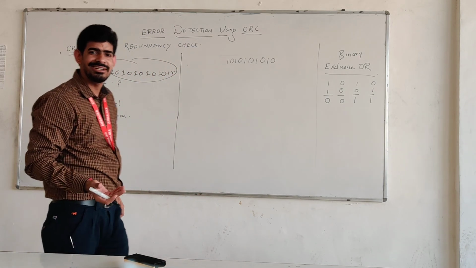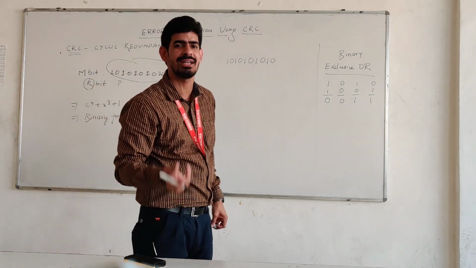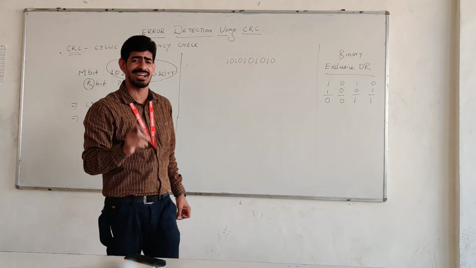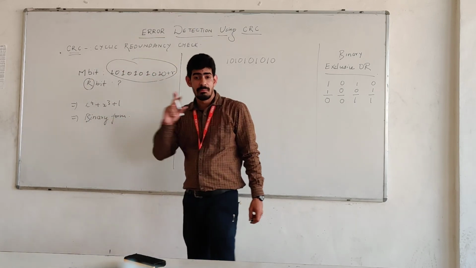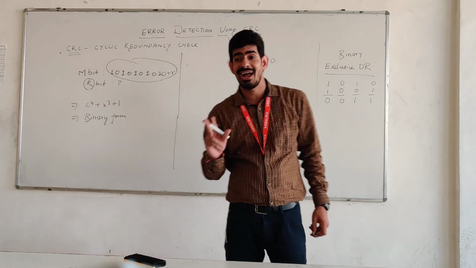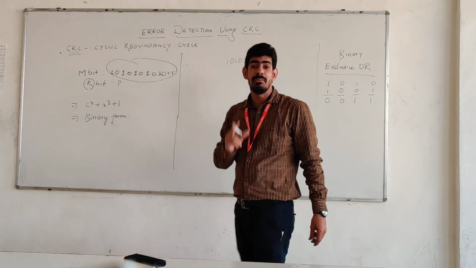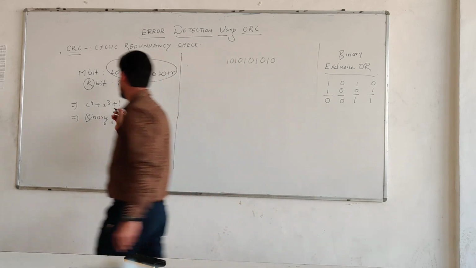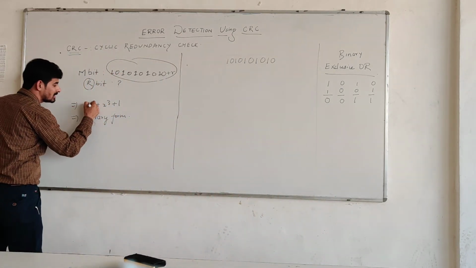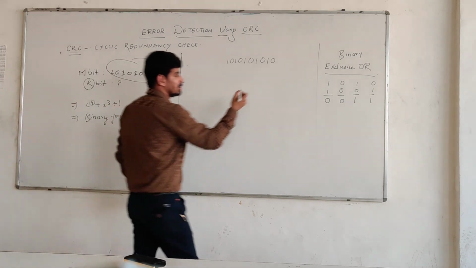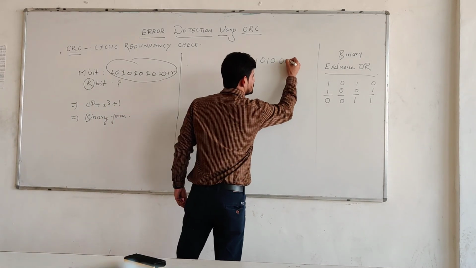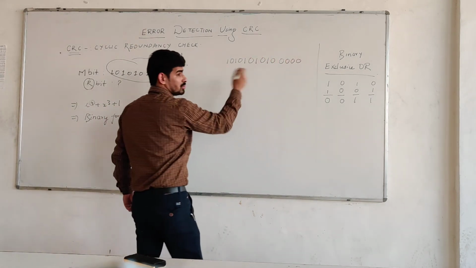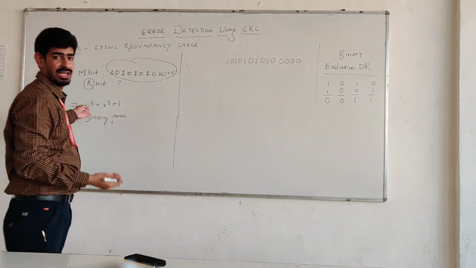So how many redundant bits will you have to add? That is the question which arises now. The number of redundant bits you add to your dividend is the maximum power of the polynomial equation. That is, the maximum power of the polynomial equation is 4. So we will add 4 zeros to your dividend.